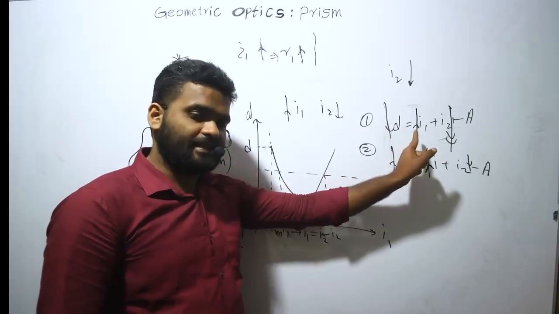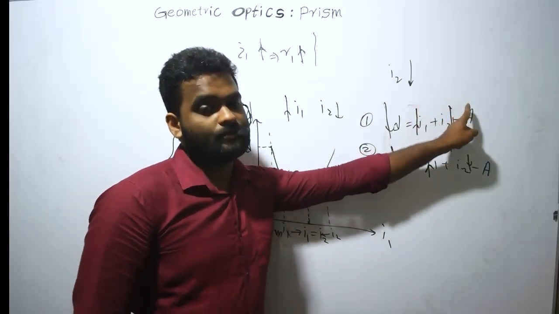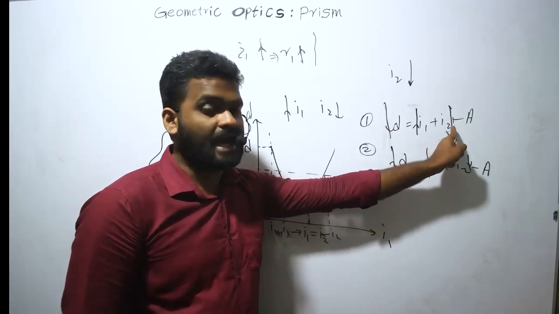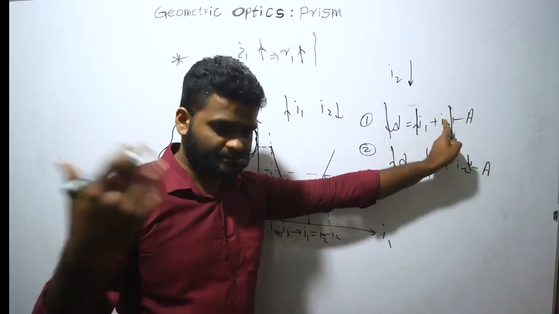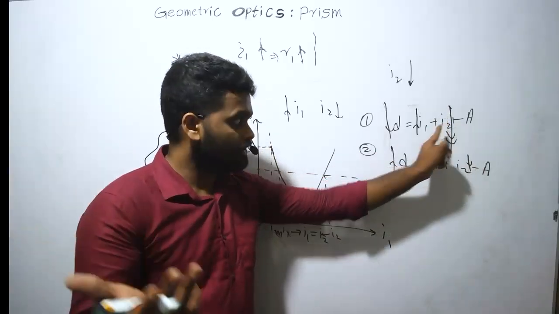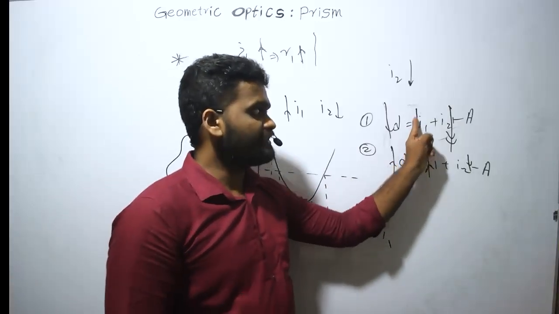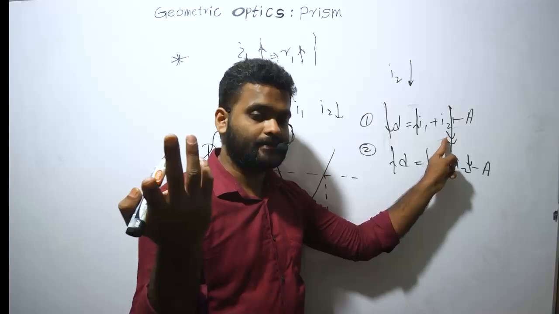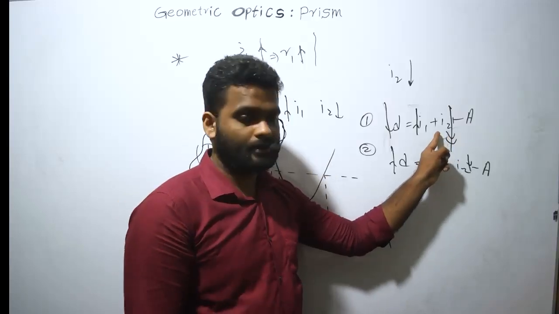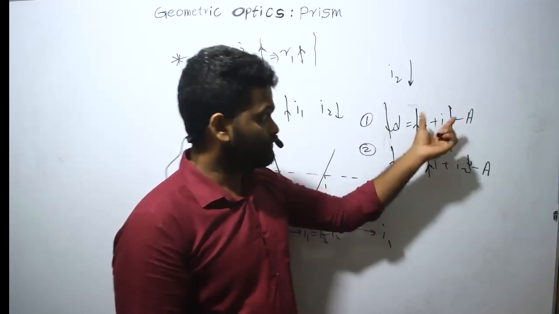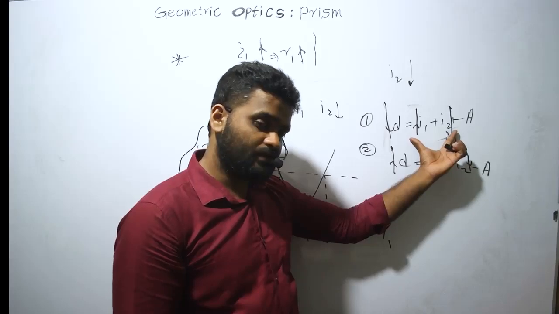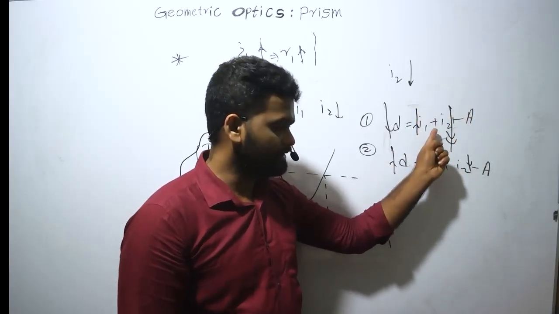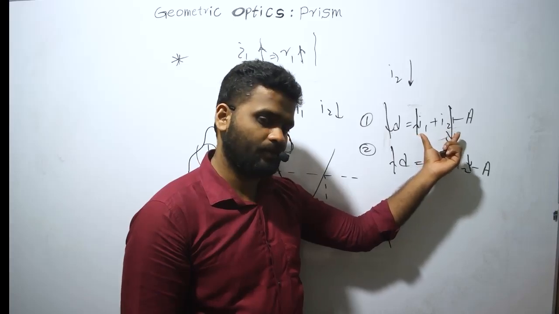At the first case, I1 increases, I2 decreases, but the rate at which I2 decreases is greater. It is larger. So if I1 increased by 1 degree, I2 decreased by like 5 degrees, right? So the overall I1 plus I2 term actually decreases. So this becomes like a minus 4 value, right?